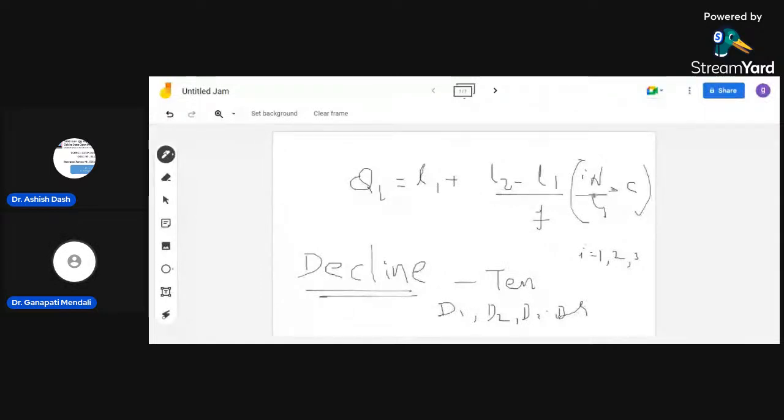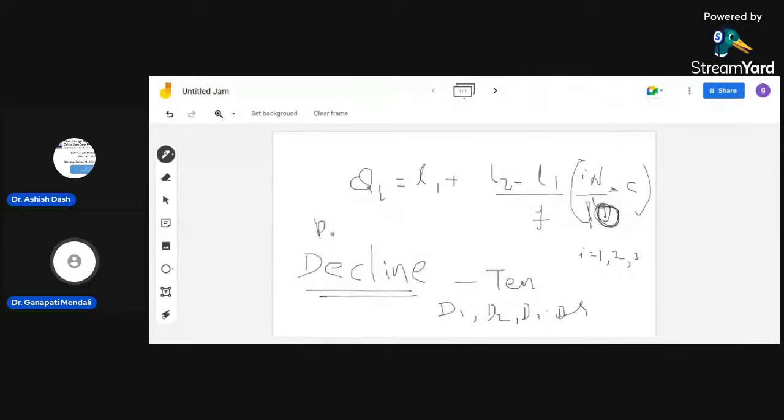The only thing is that instead of 4, we write 10 equal parts. We have to divide our data into 10 equal parts.